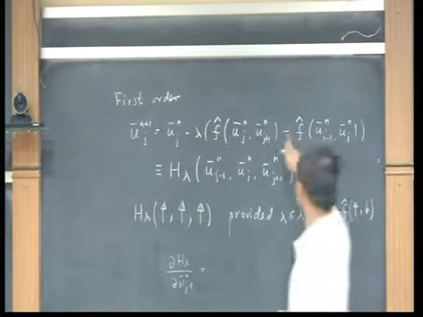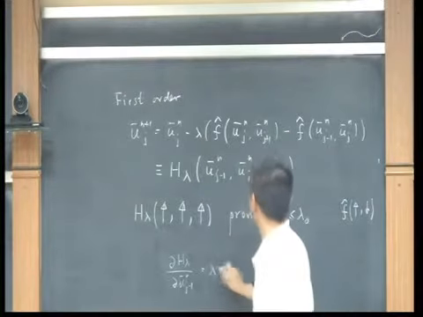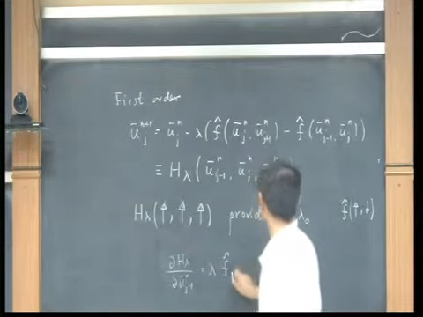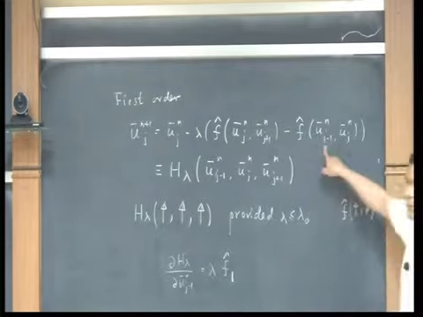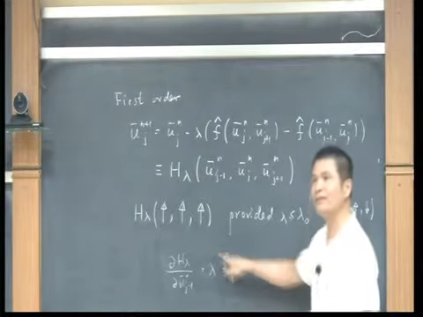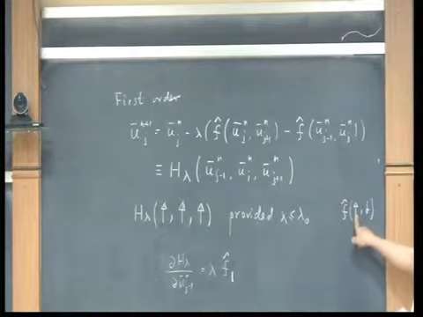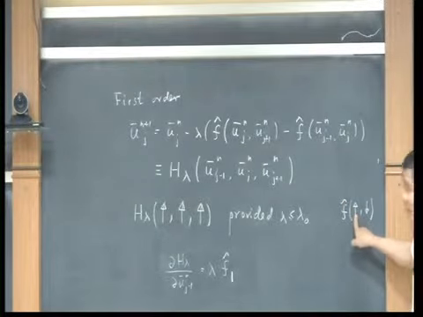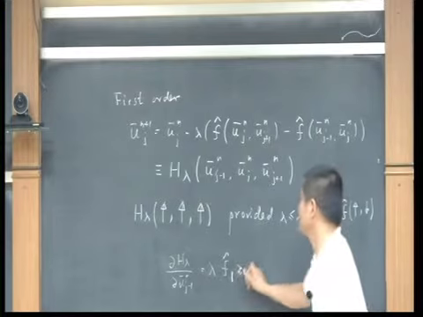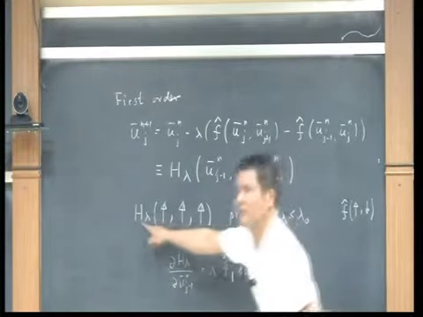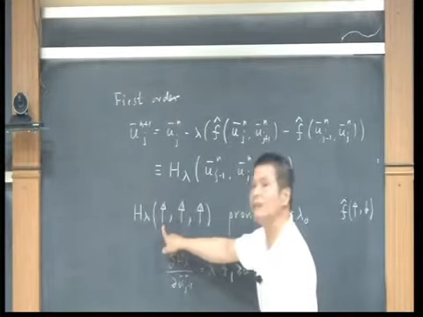So the partial derivative is minus minus, so it's a plus, and f hat with respect to the first argument. But f hat with respect to the first argument is increasing, so this thing is positive. That means this is increasing in the first argument.